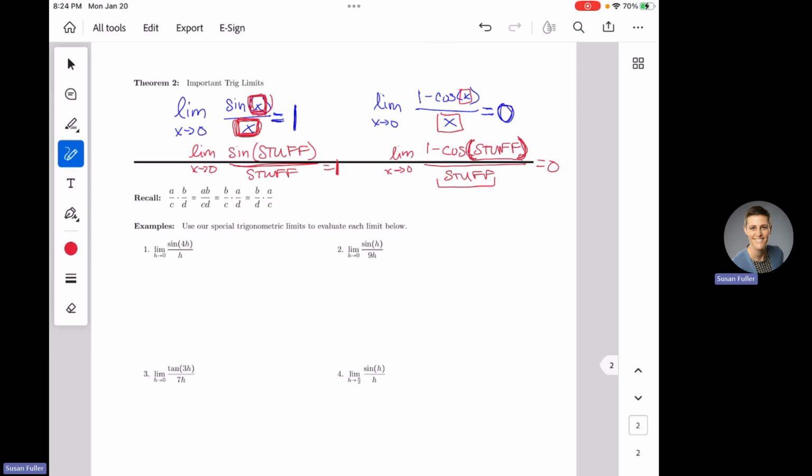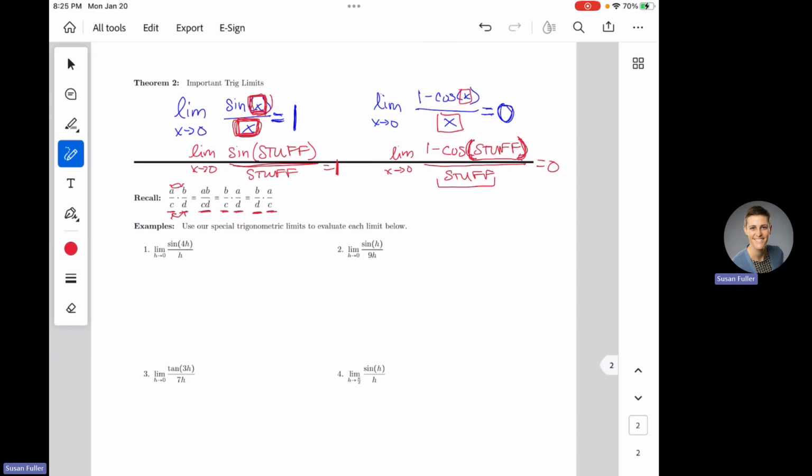And I also just want to remind you that when we are multiplying with fractions, if I have a over c times b over d, we multiply across and get ab over cd. But that's the same as if I reorganize things. I could switch the things on the top, and b over c times a over d is also ab over cd. Similarly, I could reorganize the things on the bottom, and I could have b over d times a over c, and I'm still going to get ab over cd.